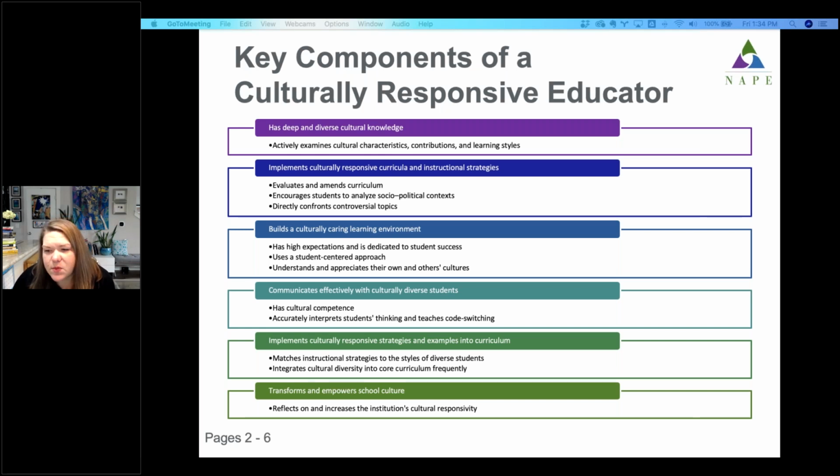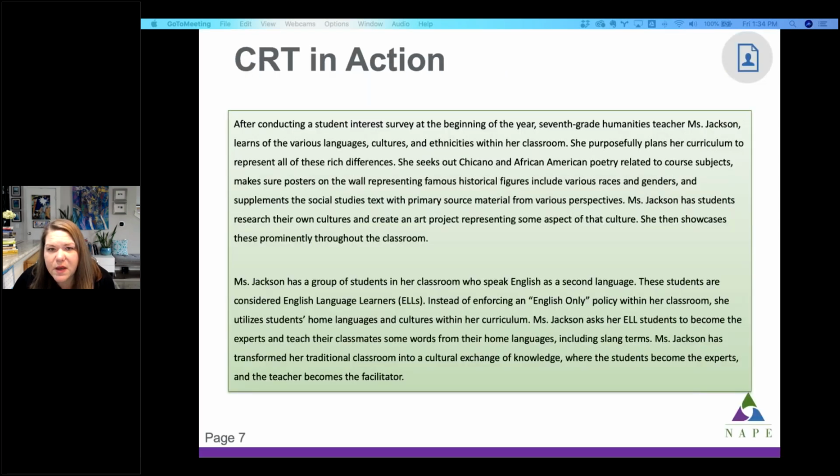So let's look at an example of what culturally responsive teaching looks like in action. And so I'm going to read this screen, and this is an example from our book. After conducting a student interest survey at the beginning of the year, 7th grade humanities teacher Ms. Jackson learns of the various languages, cultures, and ethnicities within her classroom. She purposefully plans her curriculum to represent all of these rich differences.